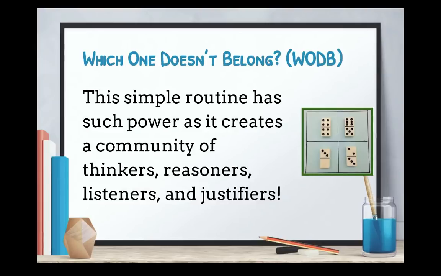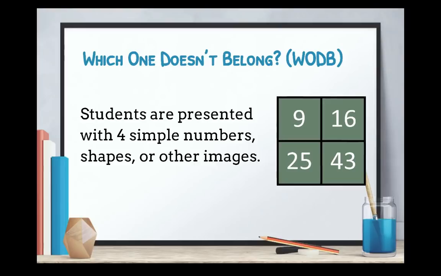Let's do a quick overview here. Which One Doesn't Belong is a simple routine. As you can see, it has power just to create a community of thinkers, reasoners. You were listening to each other and you were justifying. There's power in that. Really, it's as simple as this. Students are presented with 4 simple numbers, shapes, or other images.